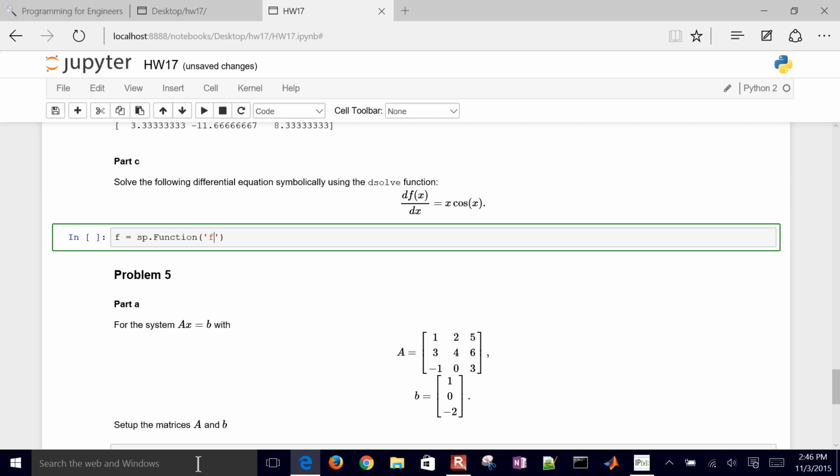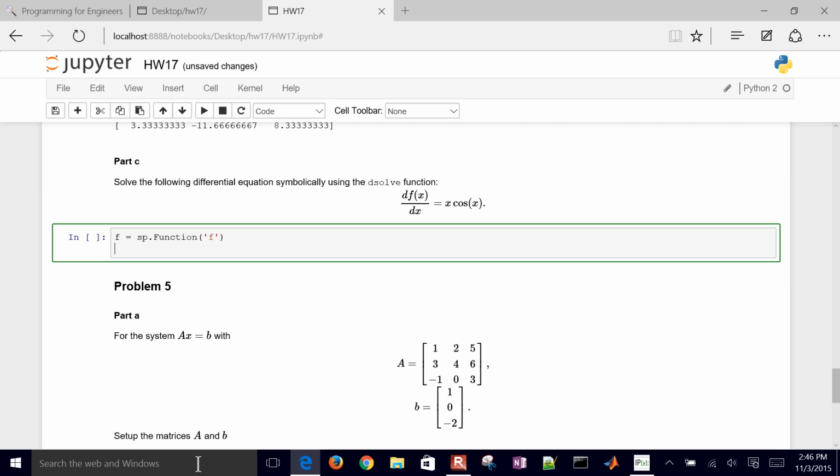That's going to be sp.Function of f, and then we're going to say that y is going to be sp. Now there's this one, I'll type it and then I'll explain it. I'm going to use the derivative function, and I'm going to say that I have f of x, derivative with respect to x, so that's on the left-hand side, and then I'm going to subtract, so I'm going to put everything on the left-hand side.